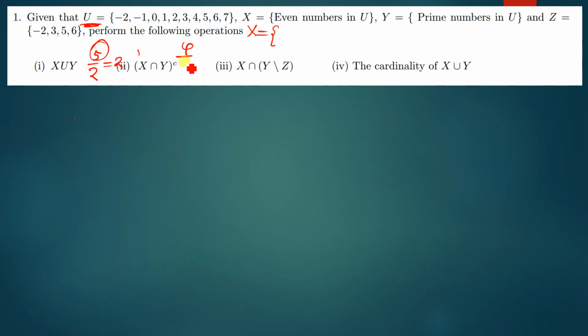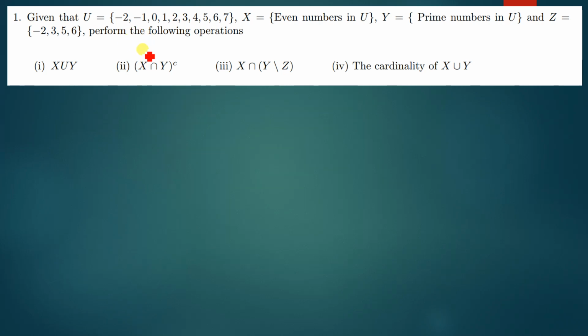But if we say 4 divided by 2, we say the answer is 2 remainder what? Remainder 0. So there is no remainder here. Hence 4 is an even number. So any number that is divisible by 2 is called an even number.